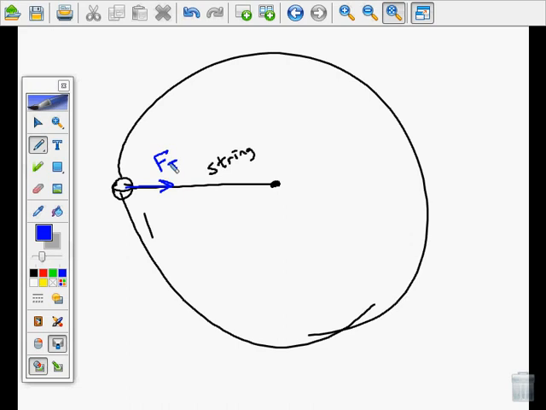When you write F sub c equals m times a sub c and ask what's providing the centripetal force, it's going to be a tension force. The tension in the string provides the centripetal force.